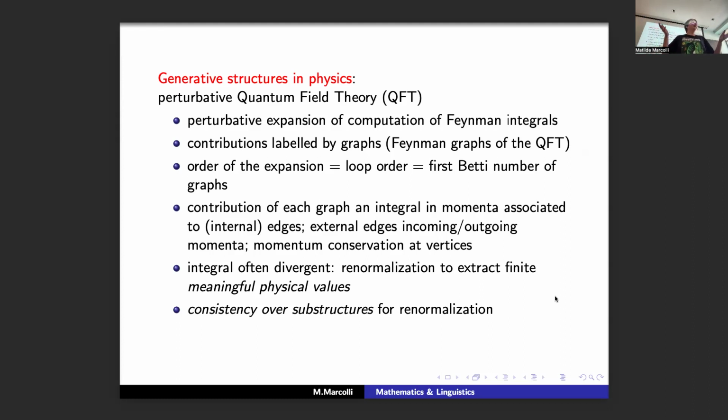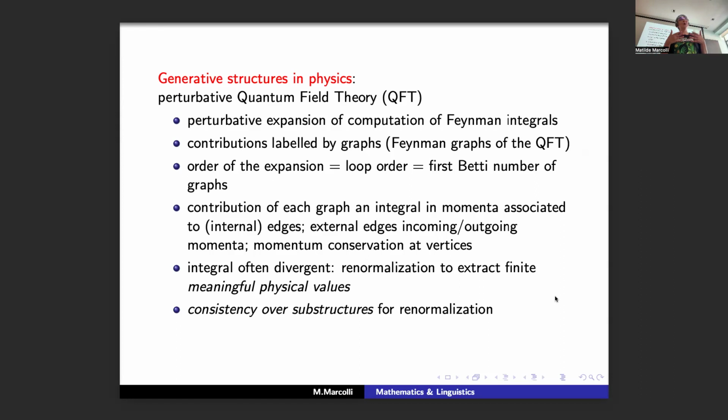But why? The key thing is that what you are writing in this formula is a particular procedure called Birkhoff factorization, which is associated to a Hopf algebra structure. The Hopf algebra structure is exactly what organizes the checking of consistencies across substructures.